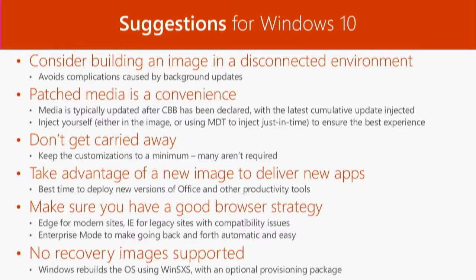You can run scan state with a couple of new command line parameters and it will spit out a provisioning package as the result, which is the full delta between the original Windows 10 operating system and everything that they layered on top of that.